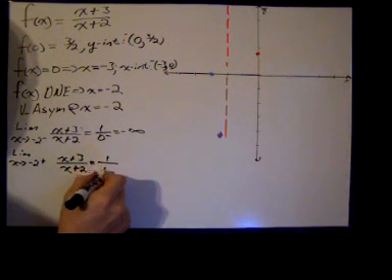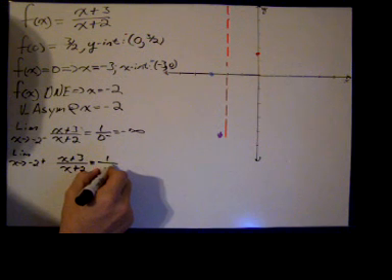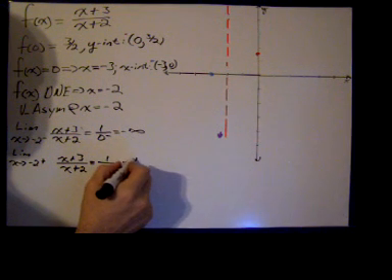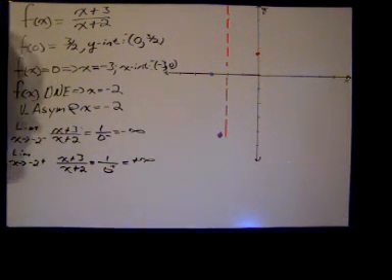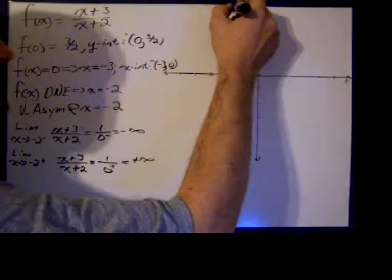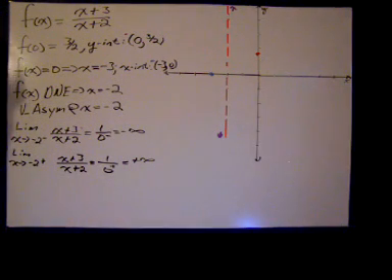That equals 1 over 0, but this time as x approaches -2 from the right, the denominator is approaching 0 through positive values, so we say that that's positive infinity. Therefore, as we approach the vertical asymptote -2 from the right, the graph is going in a positive infinite direction.